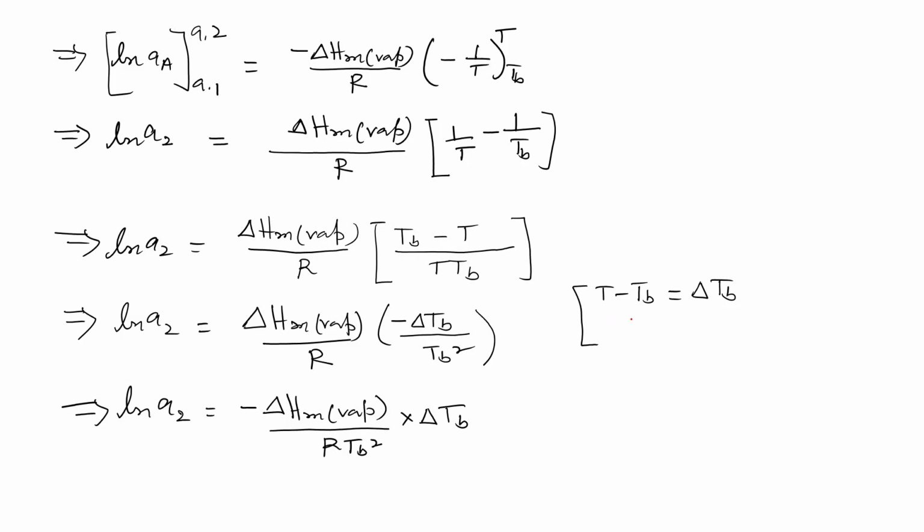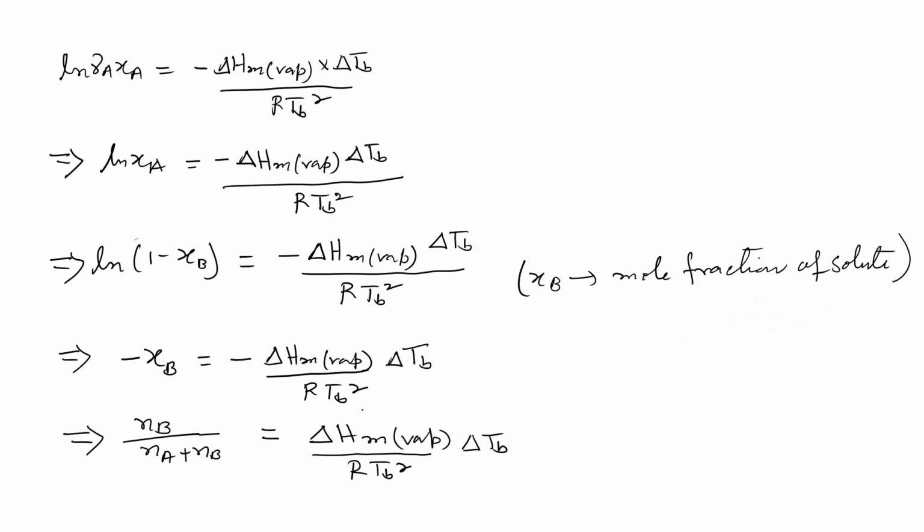Since the solution is dilute, this T is almost equal to Tb. T is very close to Tb. So instead of T into Tb, I have written Tb square. Okay. So ln A2 is equal to minus delta Hm vaporization by R Tb square into delta Tb. Here minus is there.